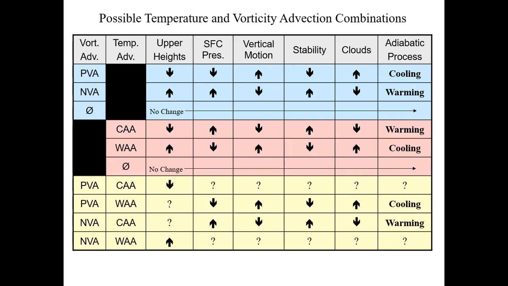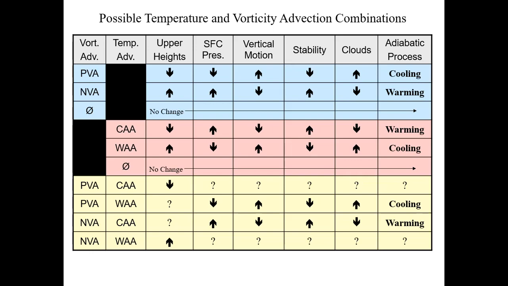Second row, NVA. So I have negative vorticity advection, but no temperature advection. That's going to cause my upper heights to rise or increase. My surface pressure is also going to rise with just NVA. Vertical motion is going to be downward. I'm going to have sinking air motion with just NVA. My stability is going to increase or go up.